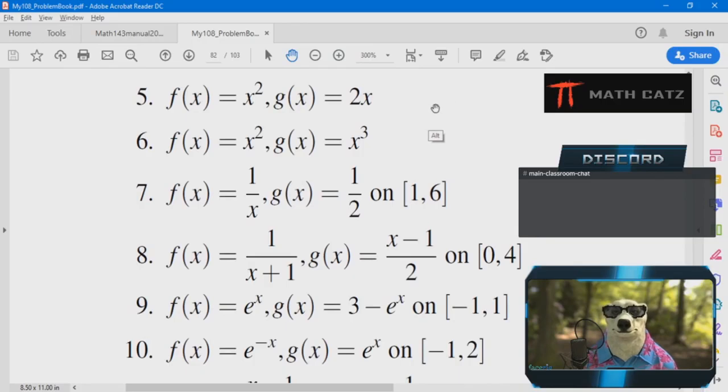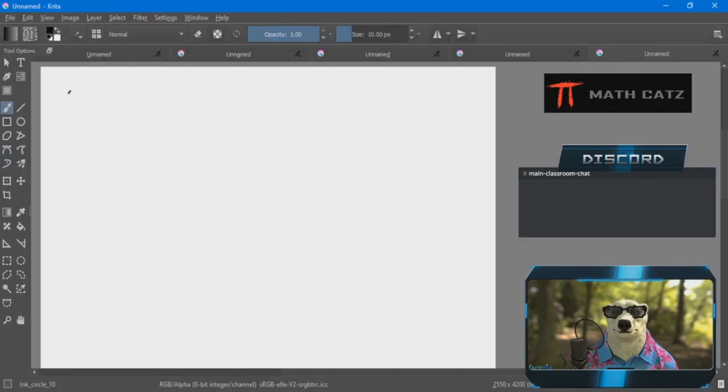There's no interval given. Why not? x squared and 2x. y equals x squared, y equals 2x. No intervals given.